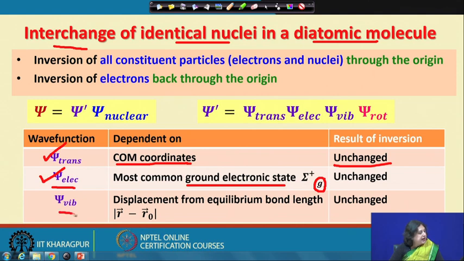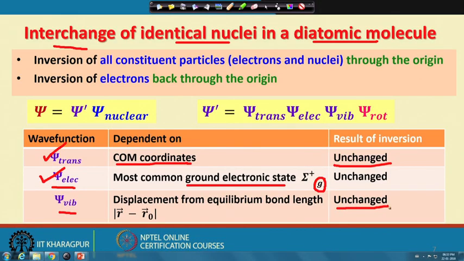Now, think about psi vibration. In the case of psi vibration, this depends on displacement from the equilibrium bond length. So, this is some kind of an internal displacement which does not depend on whether you are looking at it after inversion or before inversion.